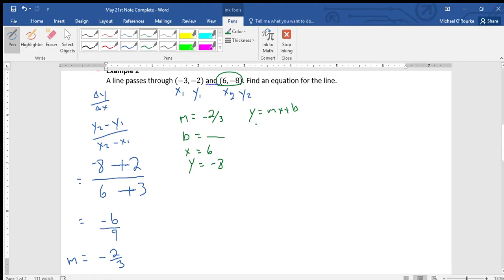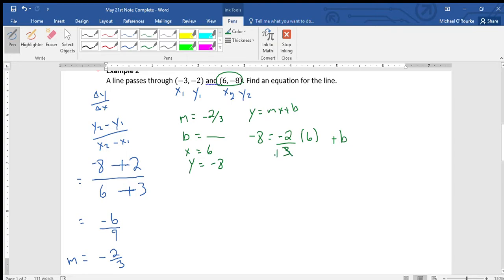Tomorrow being Monday. So let's plug in everything we know. Well, y is -8. M is -2/3. X is 6, plus b. Now we can cancel out here with a fraction. How many times does 3 go into 6? Well, it goes in twice.